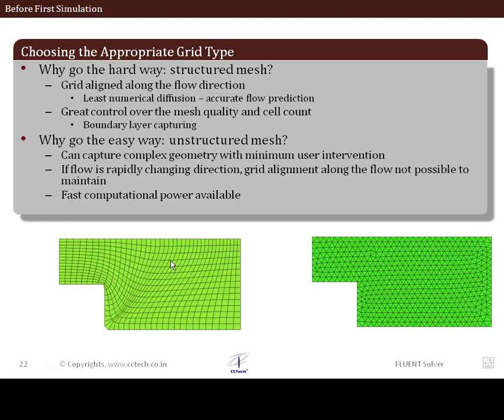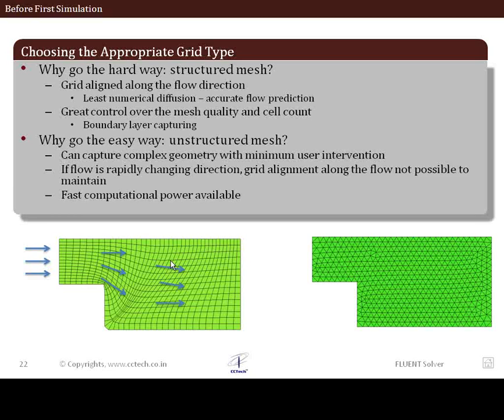And what you can see here is that when the flow enters inside, the mesh is very much perpendicular. I mean, the flow is entering normally into the different elements. The flow is closely following the mesh structure. So here you have the least numerical errors.